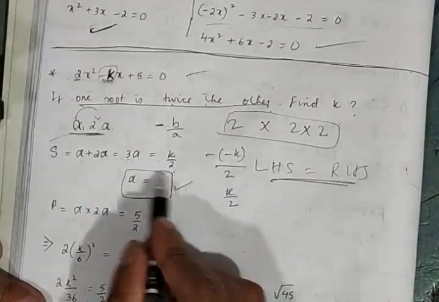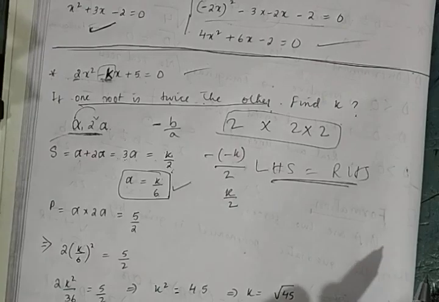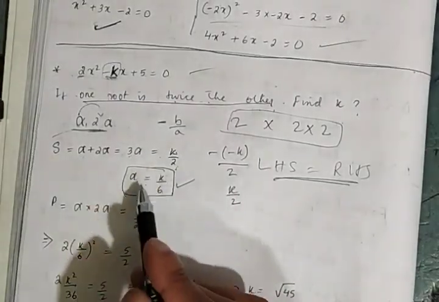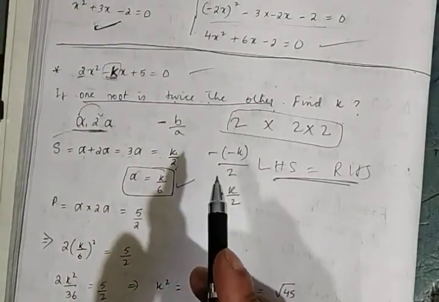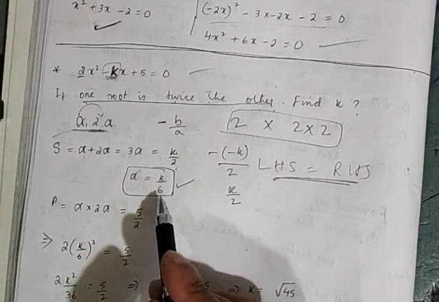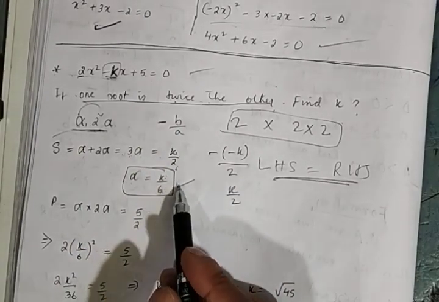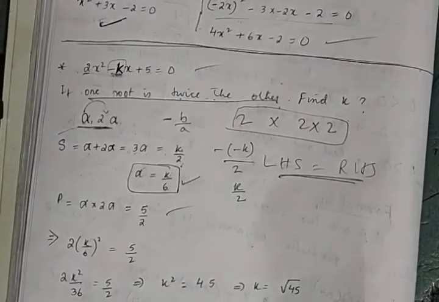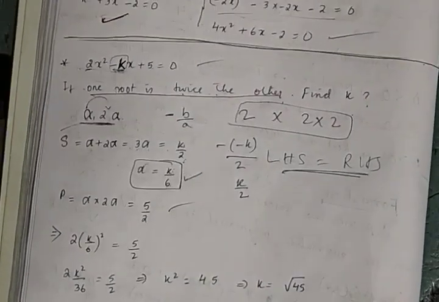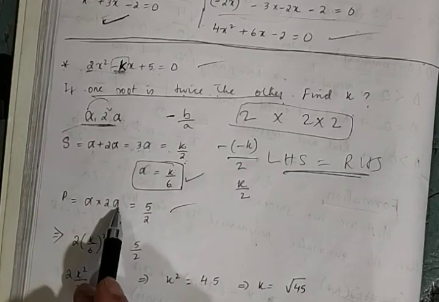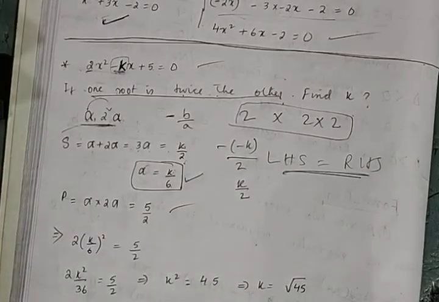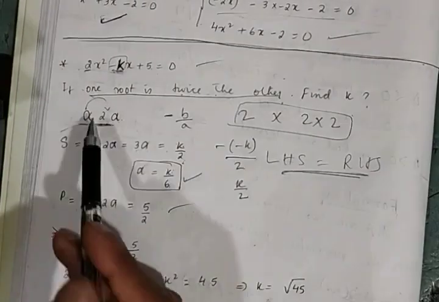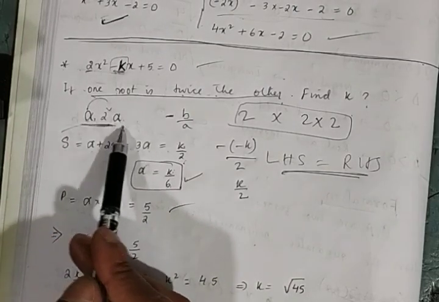Now using this also, still alpha we don't know. We have to find out k. I cannot use this equation yet. I have to find out another, the product of the zeros. I have to use another equation. What is product of the zeros? Alpha into 2 alpha. Did we still have alpha beta? No. That time our zeros were alpha and beta. But our zeros here are alpha and 2 alpha.